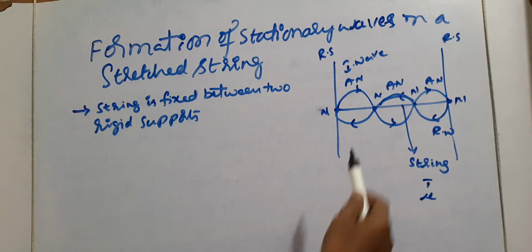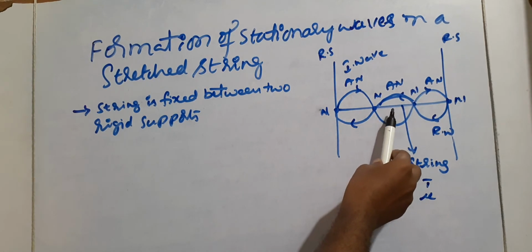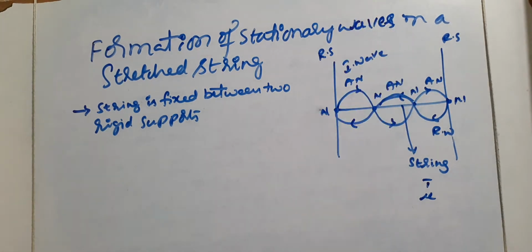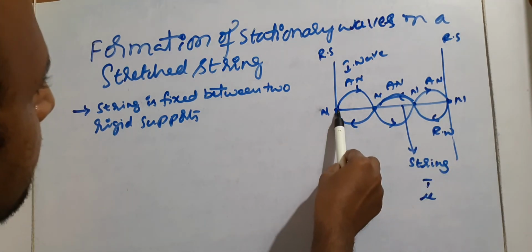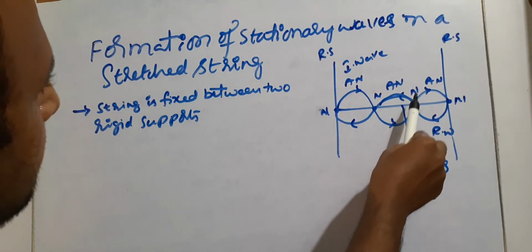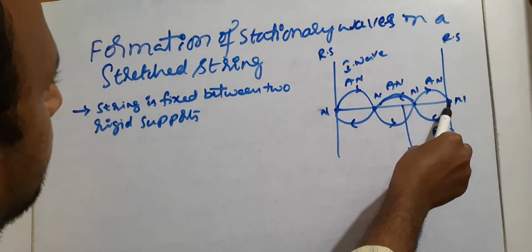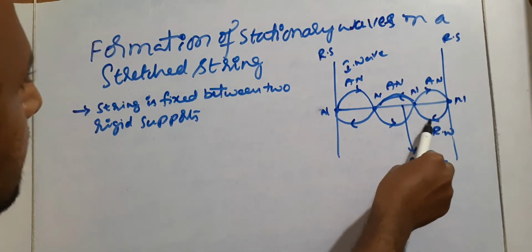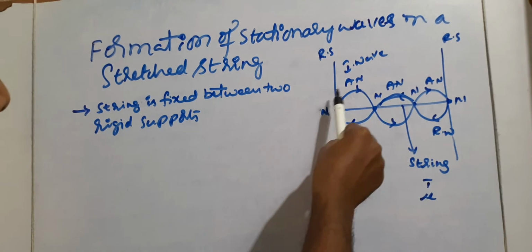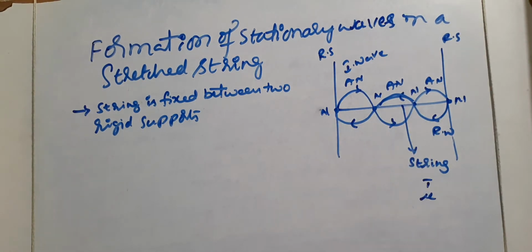Now the string is plucked at the middle, then a disturbance is produced in the string to produce an incident wave, which becomes a reflected wave. So this is the incident wave. On reaching this rigid support, it reflects. During this incident and reflected waves, you can see the formation of stationary waves.